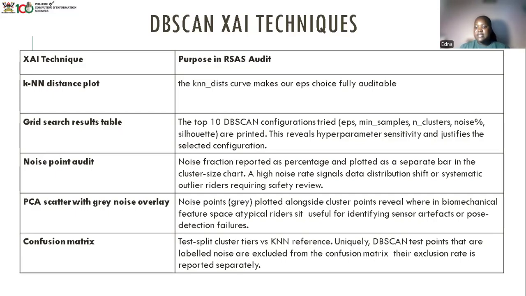The PCA scatter with gray noise overlay plot actually shows exactly where in the biomechanical feature space the anomalous riders sit, whereas the confusion matrix uniquely excludes the noise-labeled riders using the core mask before computing accuracy and reports that exclusion rate separately.